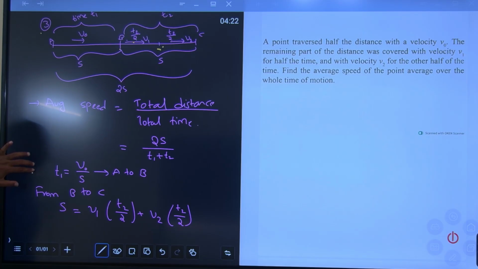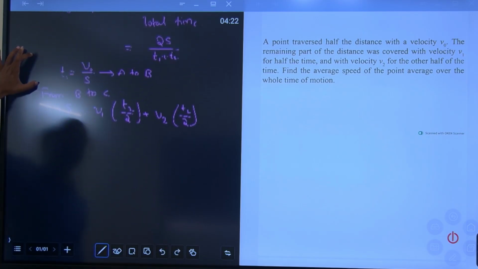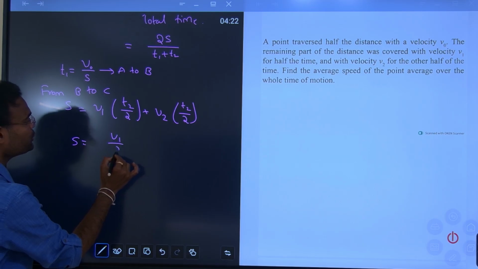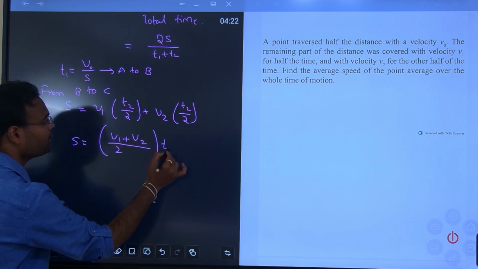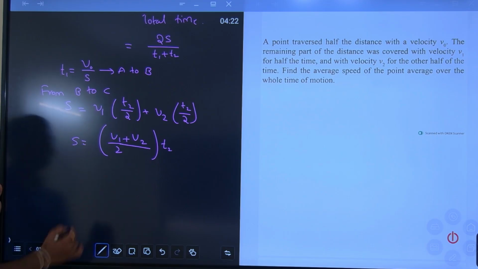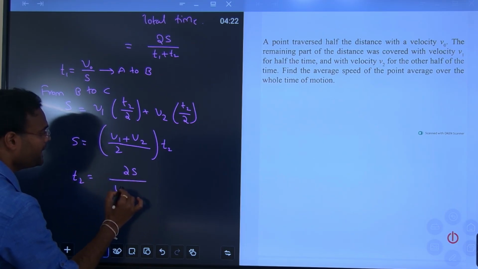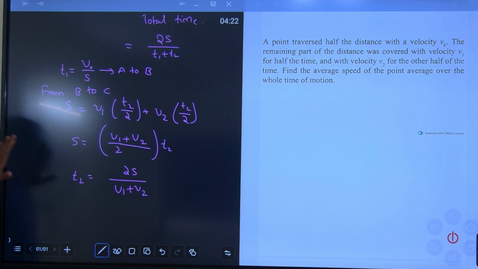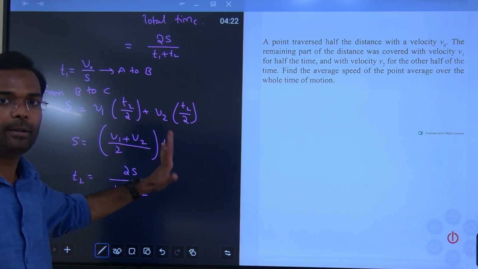Yes, displacement or distance, because of rectilinear or straight line motion. Then S is equal to V1 by 2 plus V2 by 2 into T2. I took T2 as a constant, right? This gives T2 is equal to 2S by V1 plus V2. Any doubt here? I hope I am clearly explaining each and every part, very minute points also.